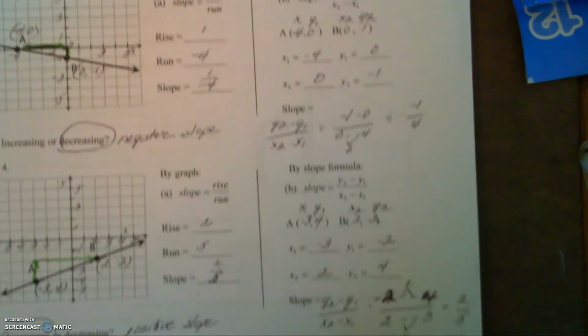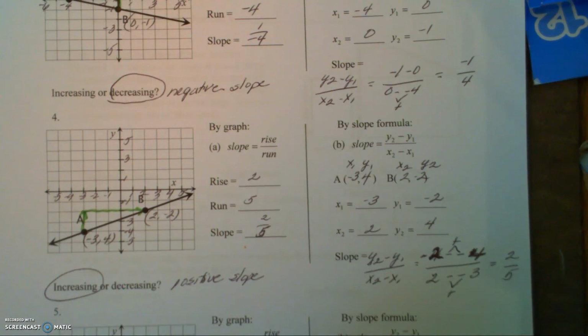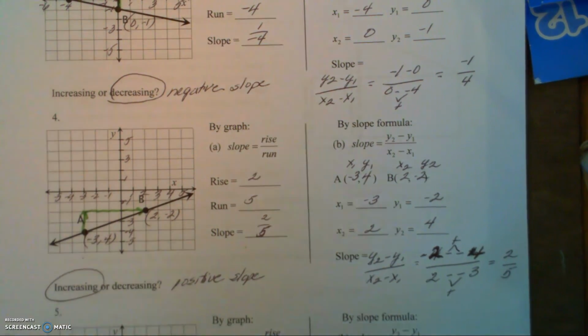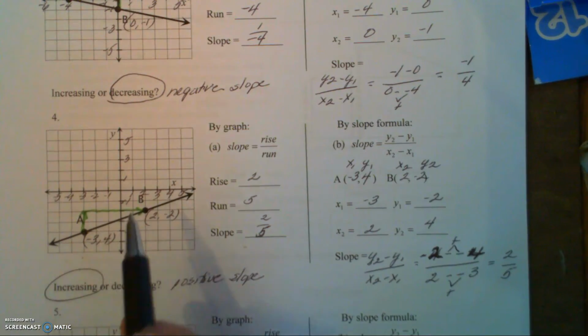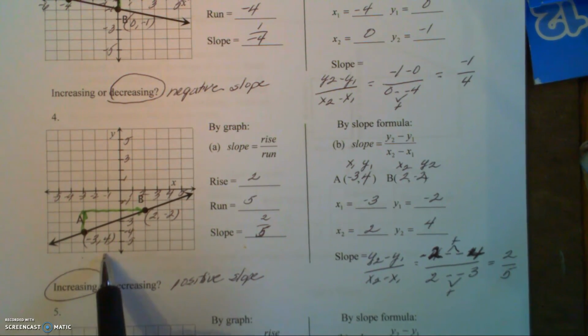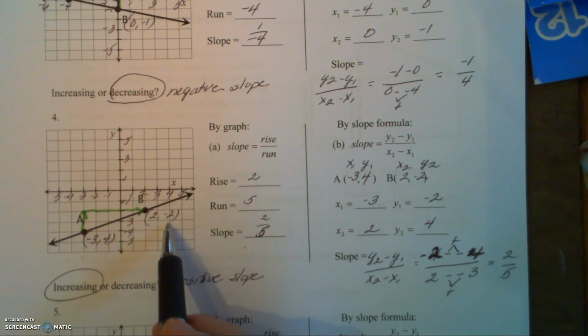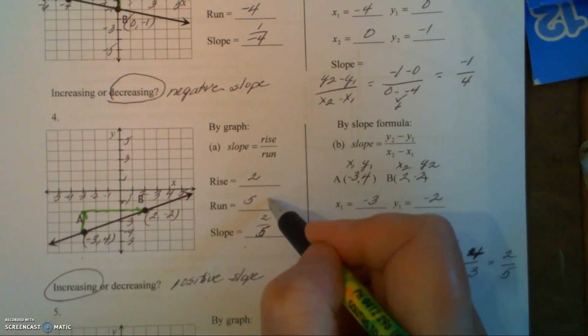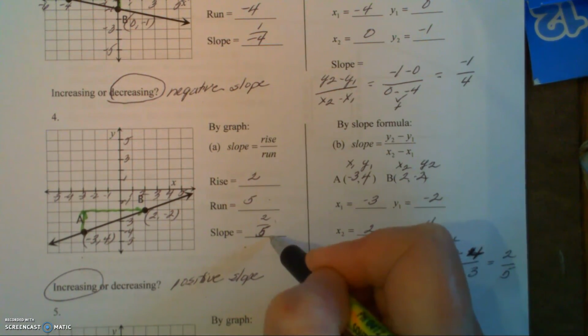Okay, now we're going up to the next one, and make sure your slope was correct as counting boxes. It's up 2 over 5. Notice that your points are labeled correctly. It's increasing. It's a positive slope. It's 2 over 5.